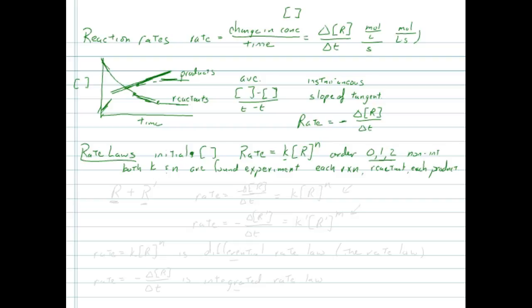If you have two reactants, reactant R plus reactant R prime, you can isolate the first one, and the rate is equal to the negative change in R divided by change in time.